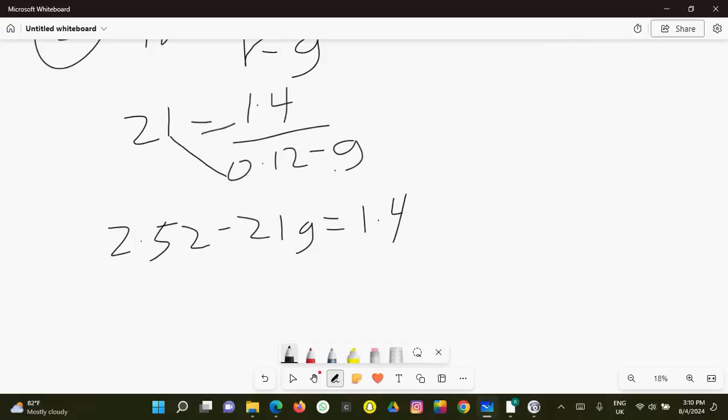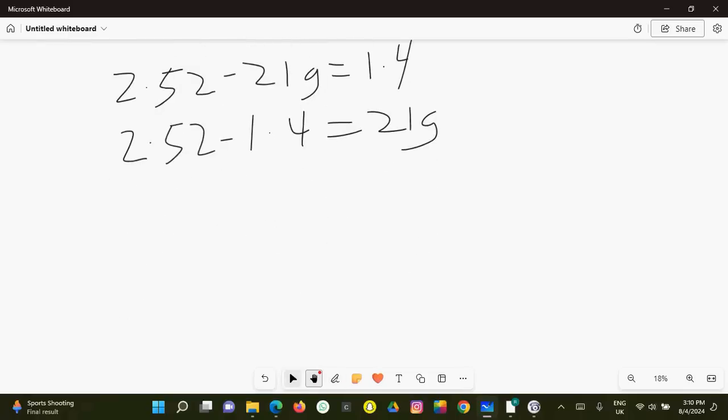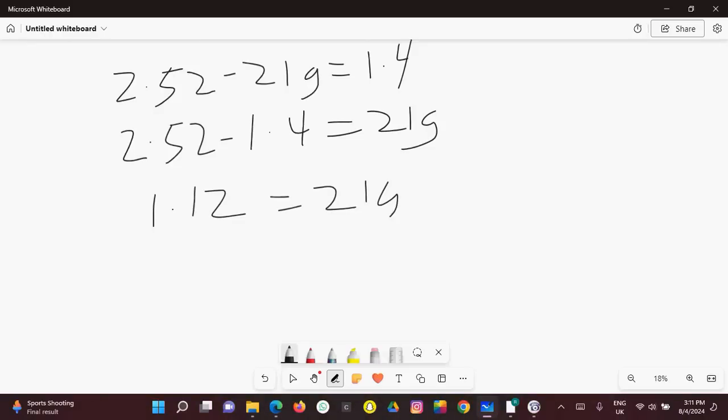This is equal to 1.4. So now let's bring 1.4 inside here, 2.52 minus 1.4, and send 21G outside. So we are going to get 1.12 is equal to 21G.